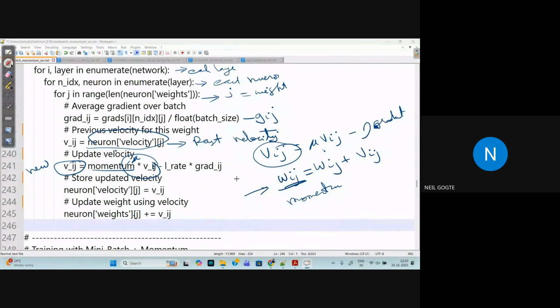And now, let me again ask the question. The number itself indicates that many people have disappeared, so probably they are not understanding. But I think it is so far so good. So I'll ask the question: have you understood momentum mini batch? We're just asking. Then we'll have just one small concept and we'll conclude. There are only that many people now waiting.